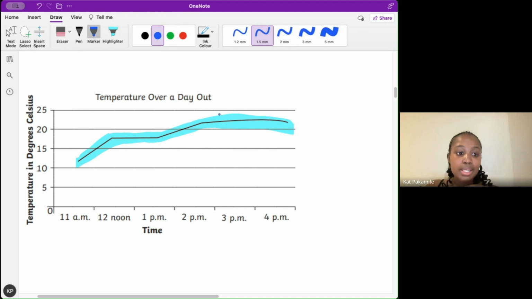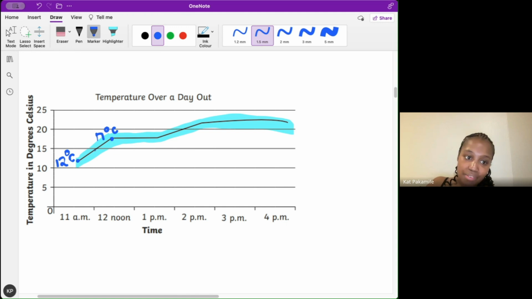Listen, this is what I mean by that, okay? So at 11 a.m., let's say this is maybe 12 degrees Celsius, right? And then at 12 all the way up there, which is maybe 16 or 17 degrees Celsius. But no matter what time you would check this temperature, you could get a reading.